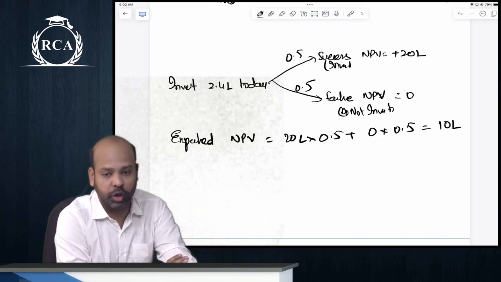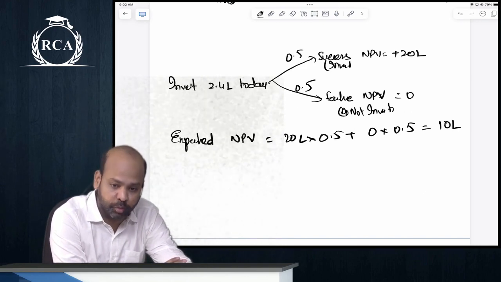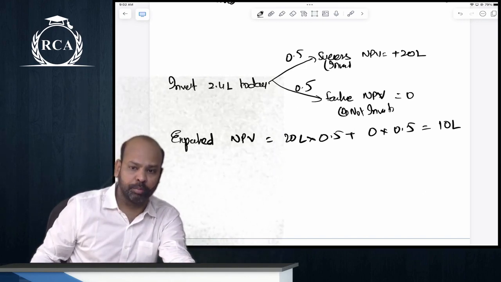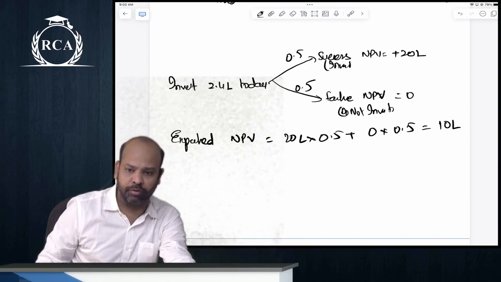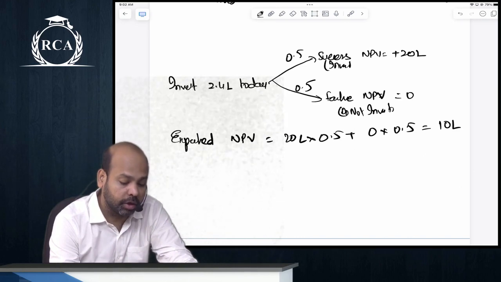ठीक है, नीचे नोट लिखो बेटा. Time value component on investment of 2.4 lakhs has been ignored.